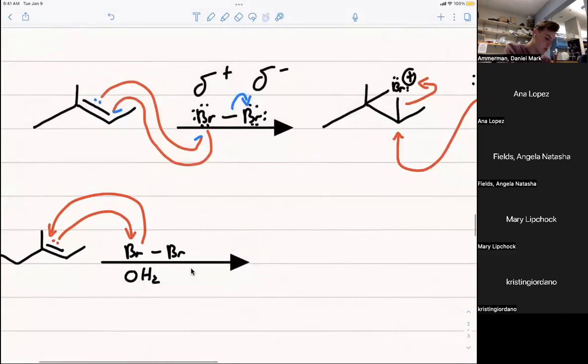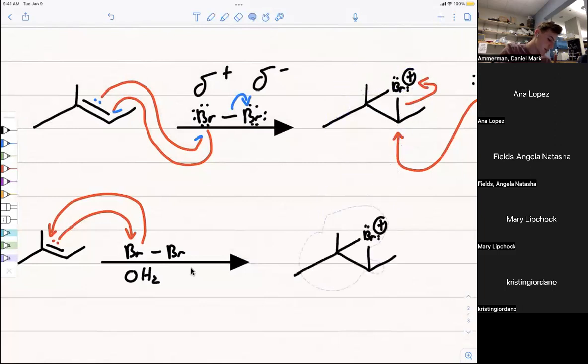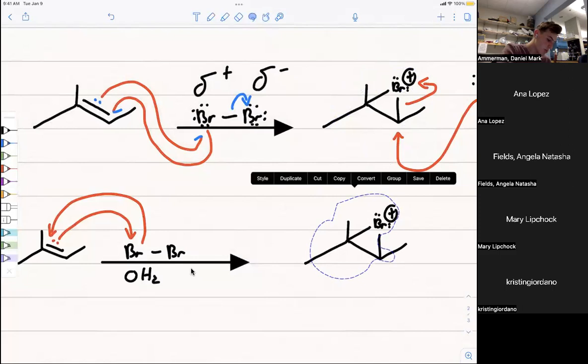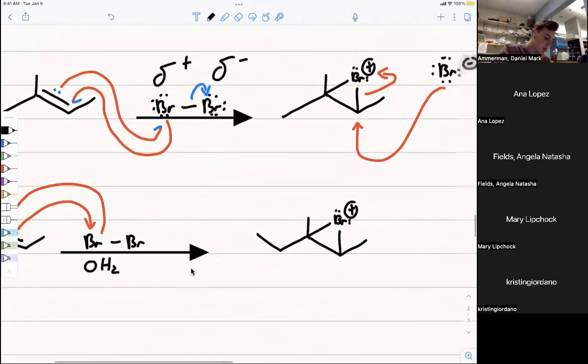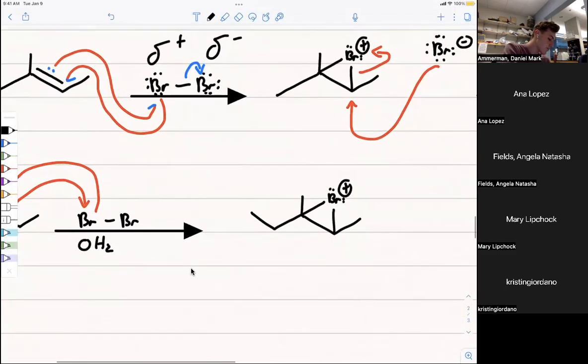I'm even just going to copy this. I did add a bond on the right side of this because I wanted both of them to be stereocenters. But now what we're looking at is Br minus and OH2.